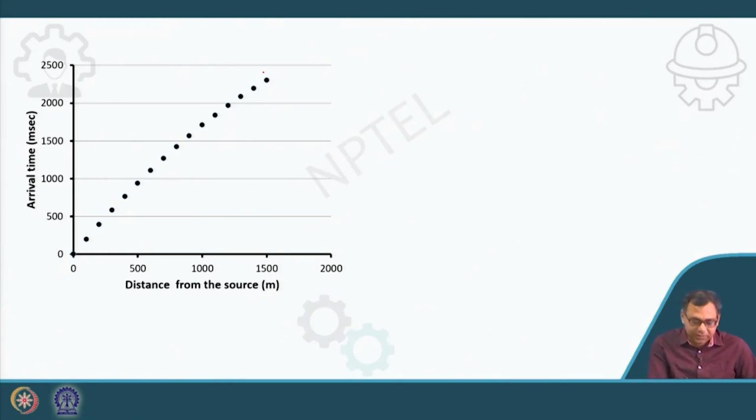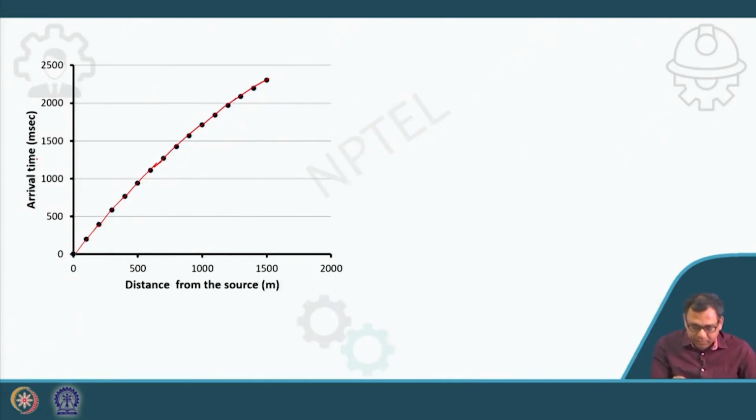So that indicates that this is the third case, where there is continuous change in velocity with depth. Now here also I will join these points. This is arrival time, or basically the first arrival time, and distance from the source. So that I have drawn.